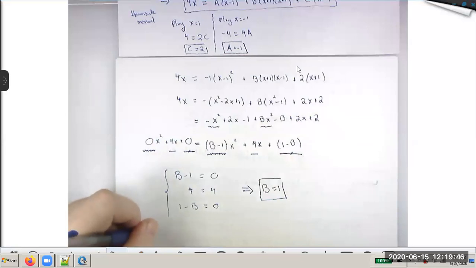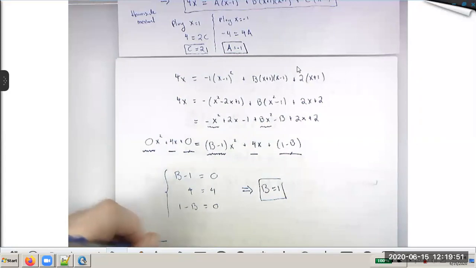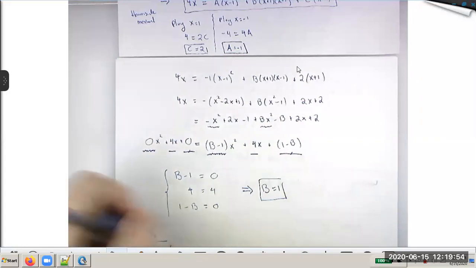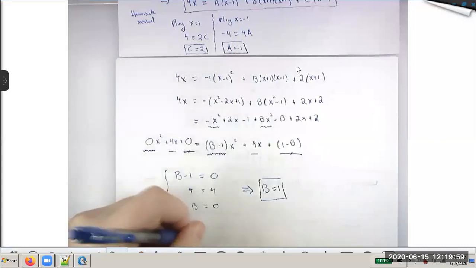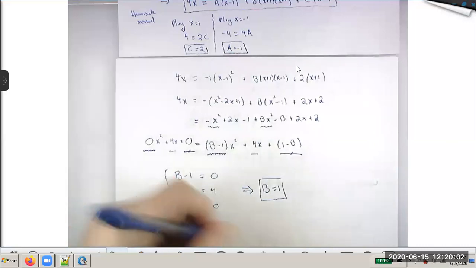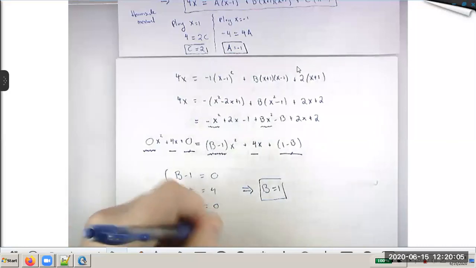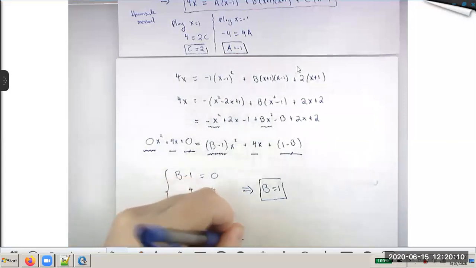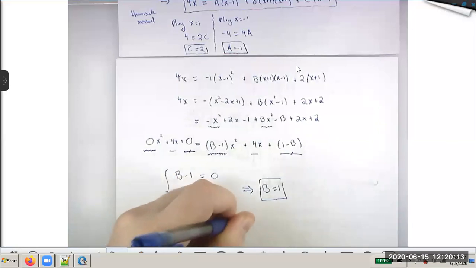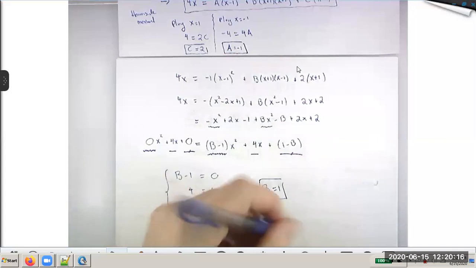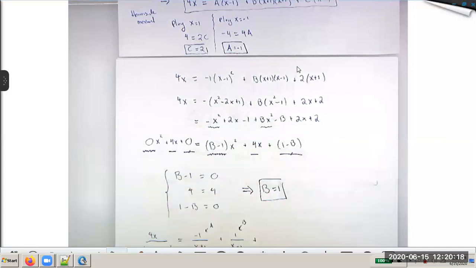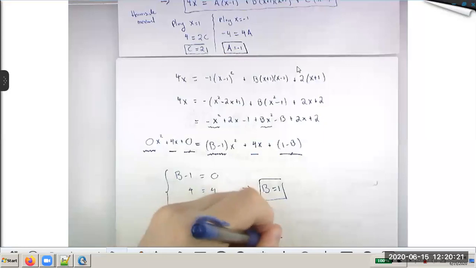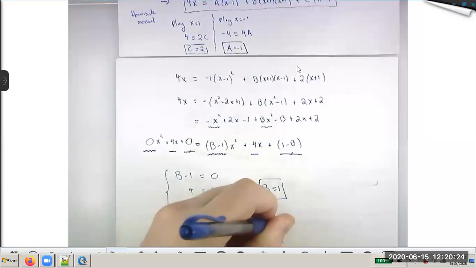So finally, we know that 4x over x plus 1 times x minus 1 squared is equal to a over x plus 1, that's negative 1 over x plus 1, plus b over x minus 1, that's 1 over x minus 1, plus c over x minus 1 squared, and c was 2, so it's 2 over x minus 1 squared.